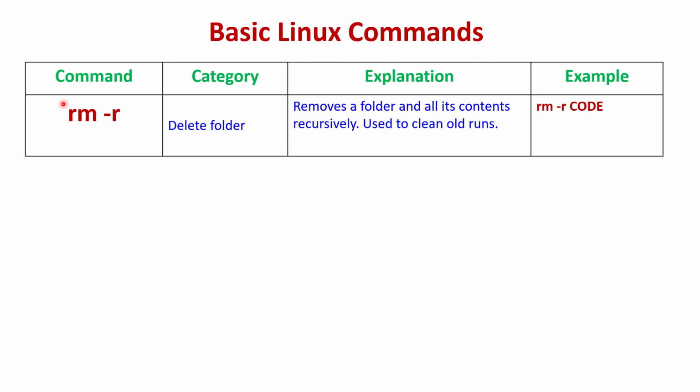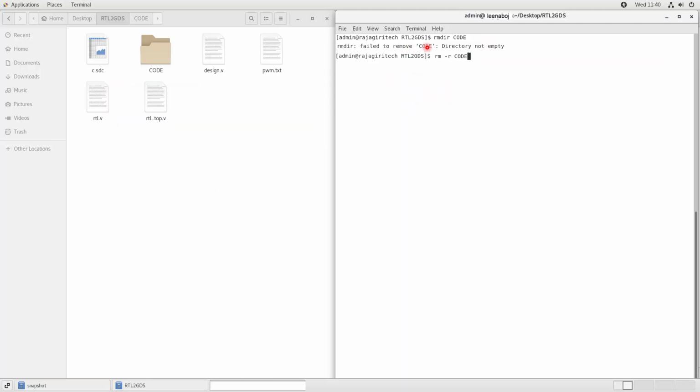The next command which we are going to use is rm -r. This rm -r is used for deleting folders that contain files and folders inside them. Now look here, we know that the rmdir command can delete only empty folders.